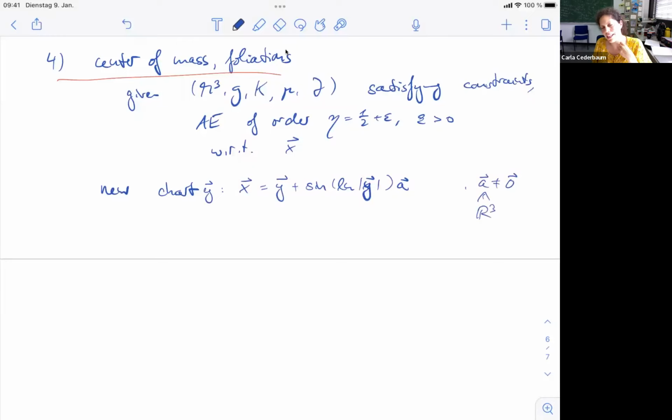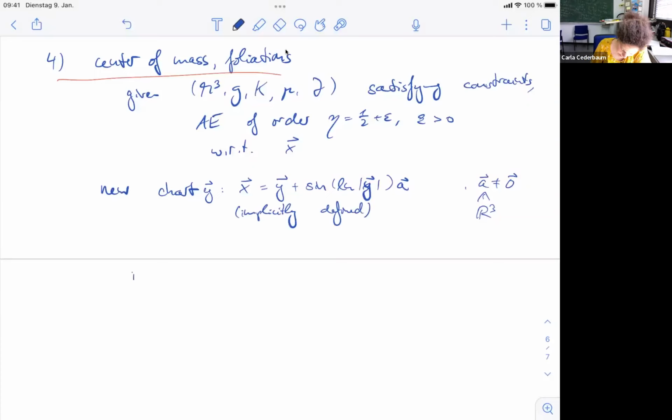And the reason why I'm only defining it implicitly is because the computations are much simpler if I define it implicitly. I could just, instead of using the logarithm of the absolute value of y, use the logarithm of the absolute value of x, and all the phenomena would be the same, but the computations would be about 10 times as long. Okay, so that's why I'm doing this, implicitly defined. And I might have to excise a slightly larger compact set for this to actually be a coordinate transformation and so on, but nothing serious is going on there.